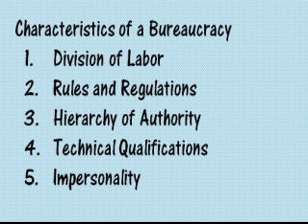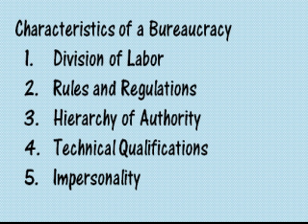Now, as I said, Weber did his work with regard to the characteristics of a bureaucracy, so the ideal type of bureaucracy. He said that in a perfect world, in its perfect state, a bureaucracy would have 5 very important characteristics, and it would perform each one of these characteristics optimally.